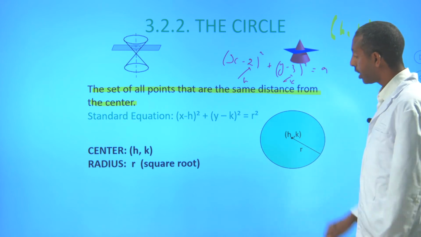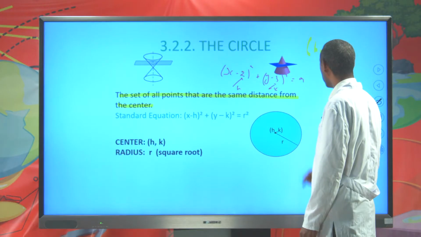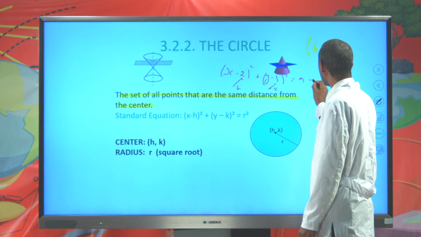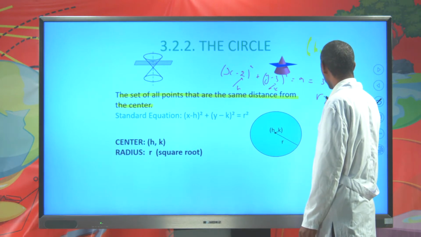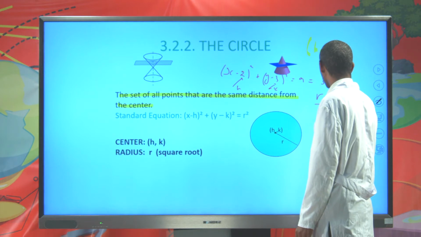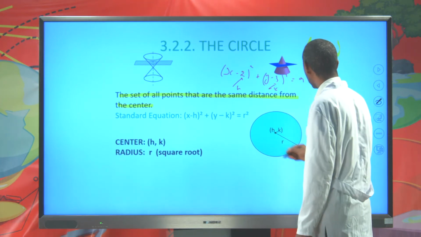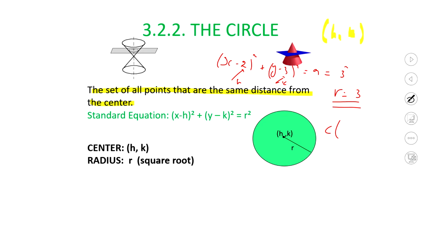And we mentioned here r squared, so 9 may be rewritten as 3 squared. So the radius is going to be 3. So the circle has the center (2, 3) and the radius 3.